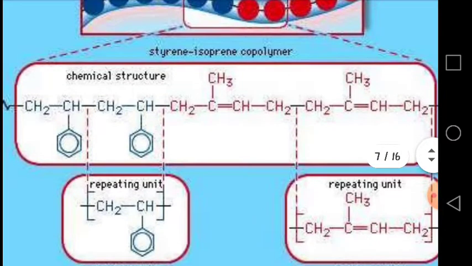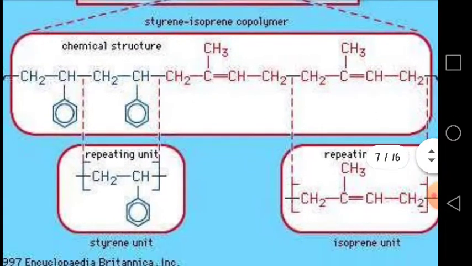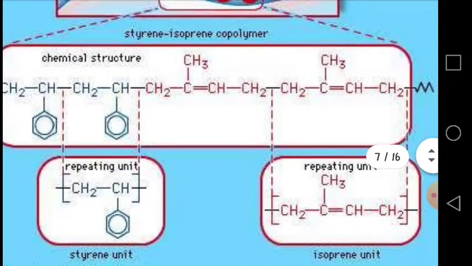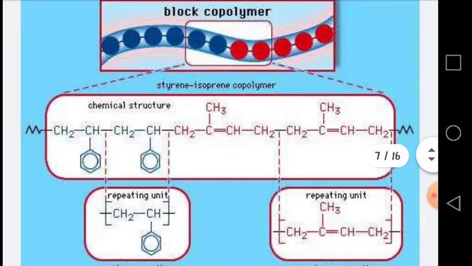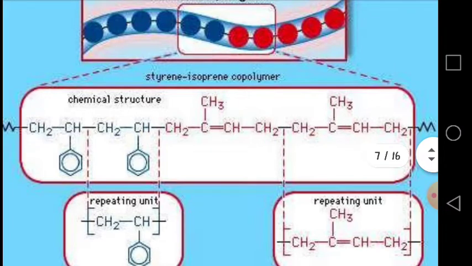The example from your book: this is a styrene unit and an isoprene unit. When these two different units combine with each other, they form a long chain of polymer, and such polymers are called copolymers.